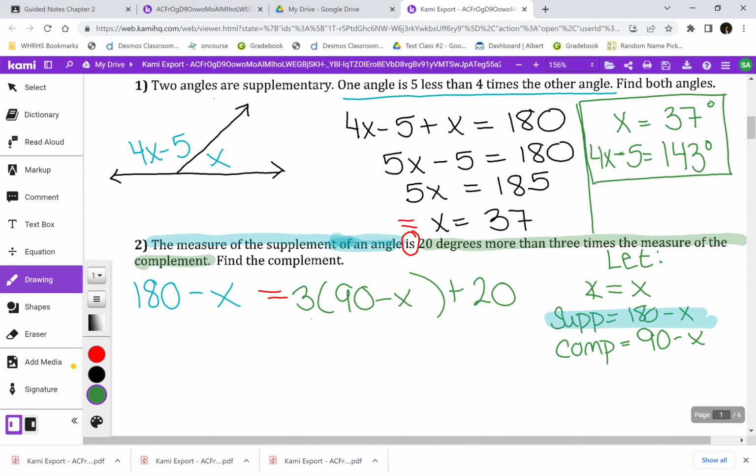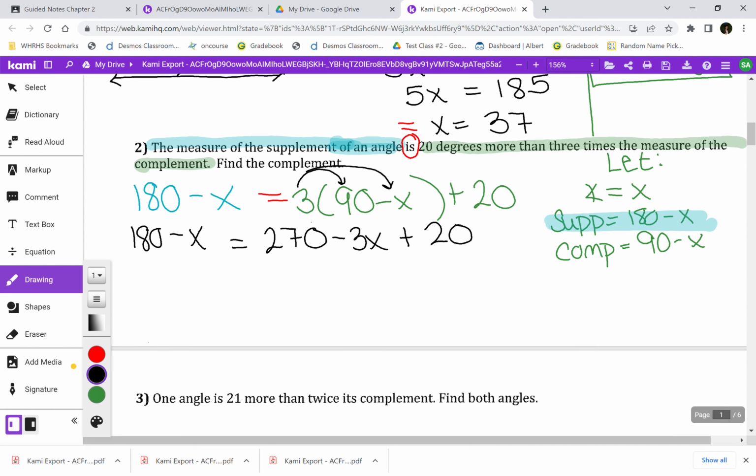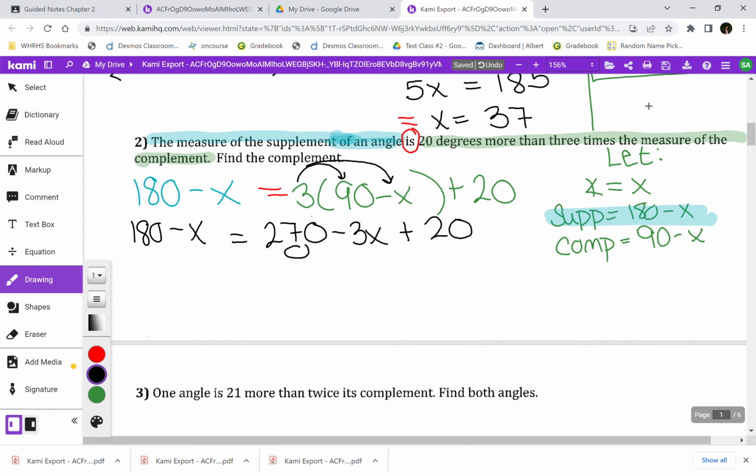Now we solve. So I'm going to have 180 minus x is equal to, distribute in that 3. We're going to have 270 minus 3x plus 20. I'm going to combine my like terms on the right side. So now I have 180 minus x is equal to 290 minus 3x.